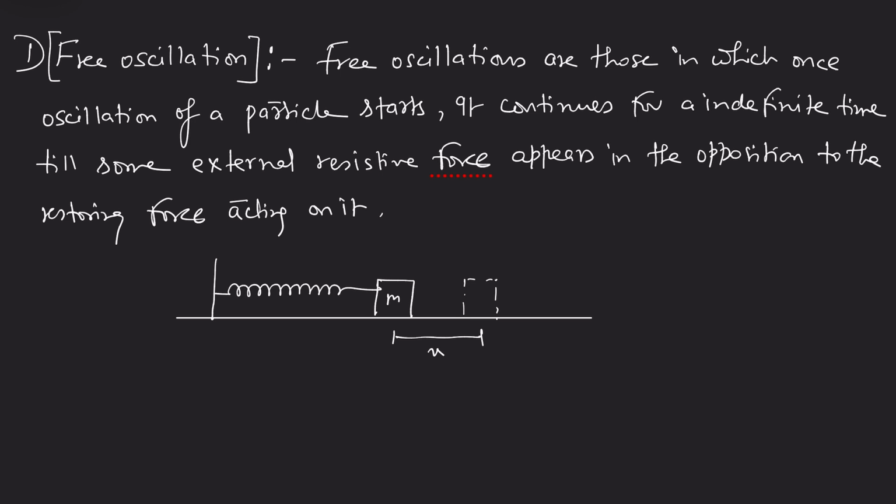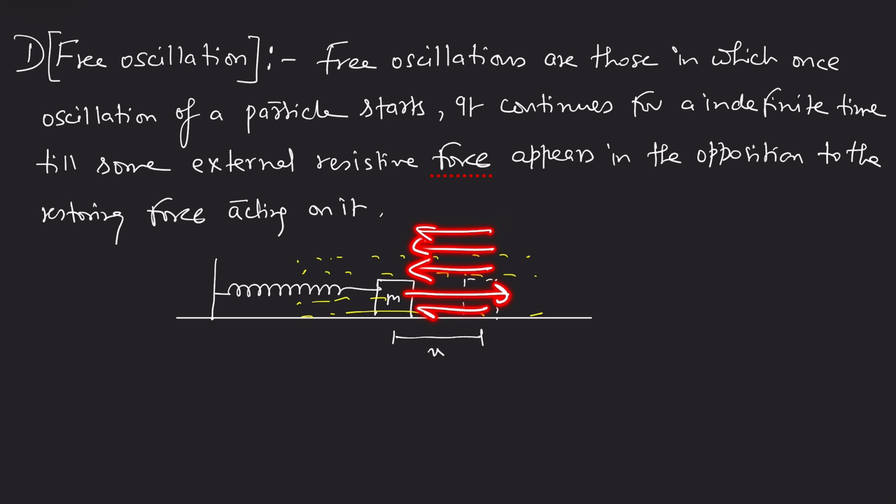Let's say if I put air molecules here, what is going to happen? When this particle tries to go this side, the air will apply a drag force this way.